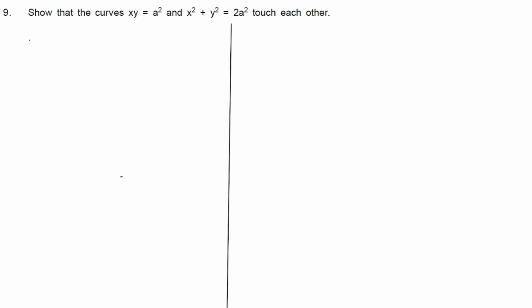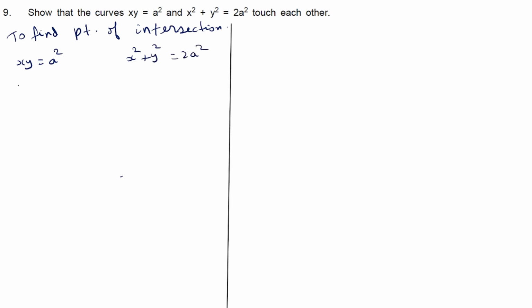So first let us find the point of intersection of these two curves. To find the point of intersection, we need to solve these two equations: xy equal to a square and x square plus y square equal to 2a square. So from this we have y is equal to a square by x.